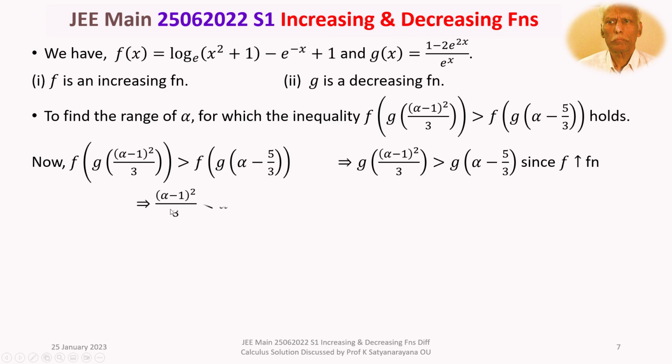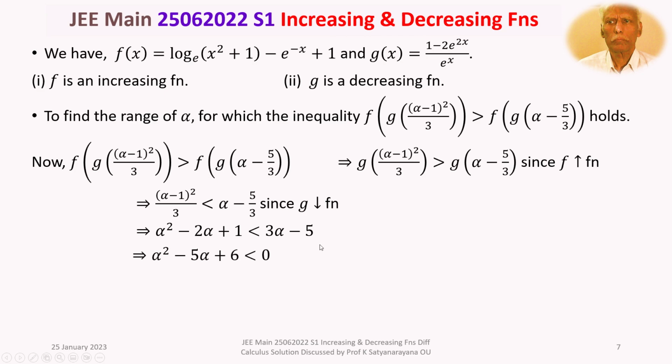So this will imply alpha minus 1 whole square by 3 less than alpha minus 5 by 3, because g is a decreasing function. Now expand alpha minus 1 whole square and take the LCM. We get alpha square minus 2 alpha plus 1 is less than 3 alpha minus 5. Adjust the terms. Then we get alpha square minus 5 alpha plus 6 less than 0.